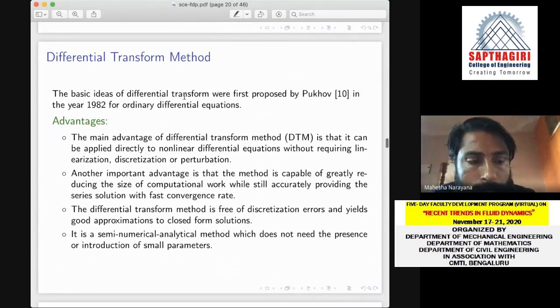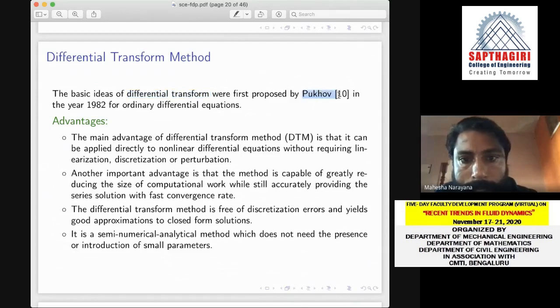So the basic ideas were given by Pukov, a Russian mathematician cum electrical engineer, in the year 1982, while solving circuit problems, the linear circuits and the nonlinear circuits. When he was designing those things, he came up with an idea of differential transform, which is basically Taylor series. I will explain what the differential transform method is all about in some time.